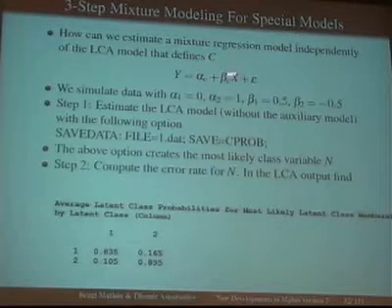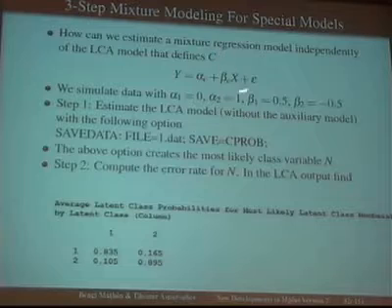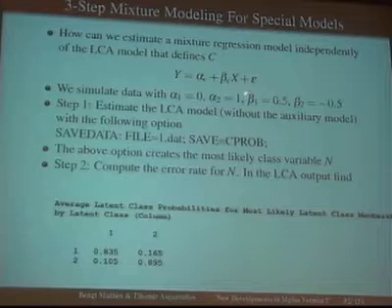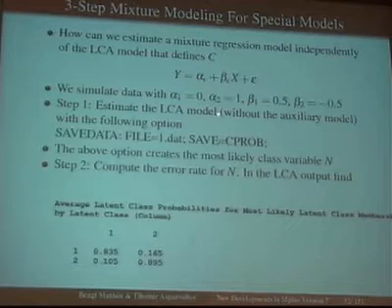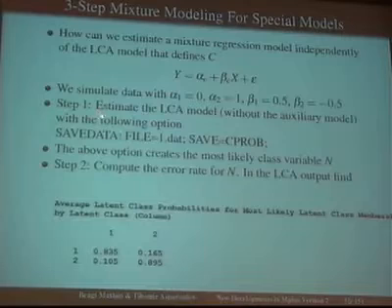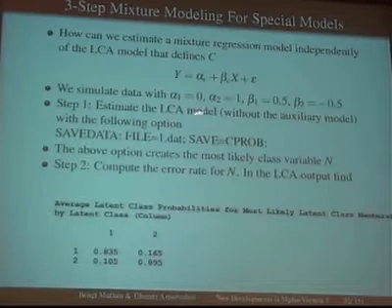But because the C variable is not measured perfectly, you are required to do this three-step procedure. We generate data, and step one is the simple LCA model, just the measurement part of C. You just have the indicators and no auxiliary variables in the model.